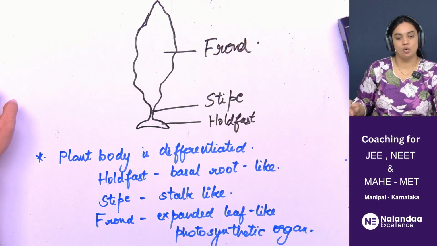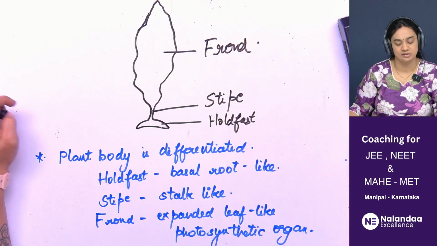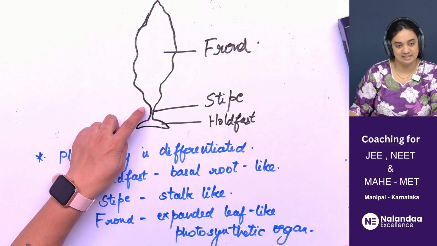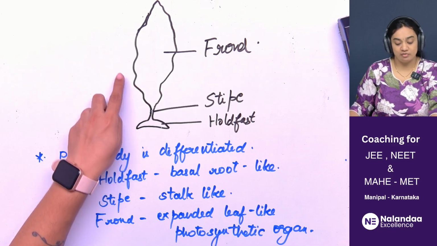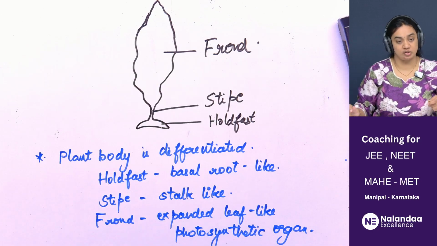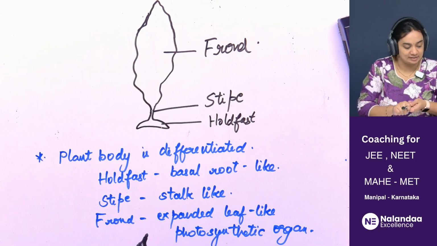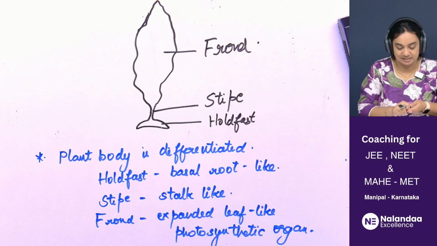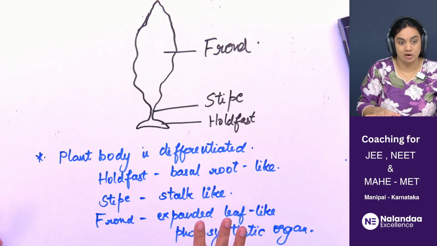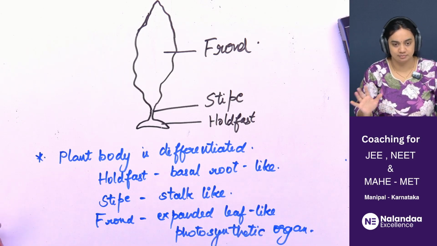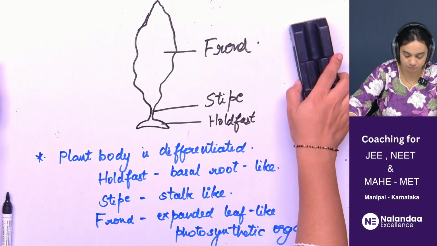Now, with the help of the hold fast, the algae will be attached to the substratum, and there is a tiny stipe or stalk-like structure from which the leaf-like organ, which is the photosynthetic organ, arises. Okay, so this is about body organization of Phaeophyceae. Is this clear? All right.